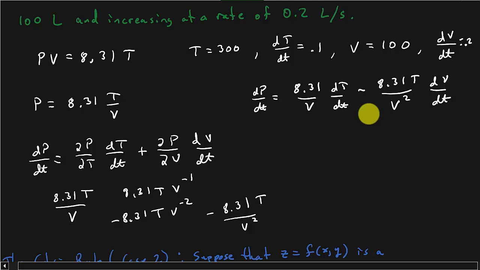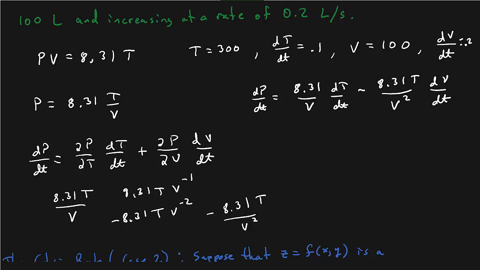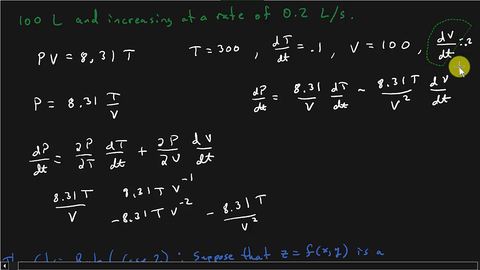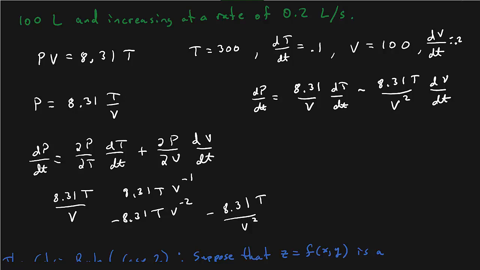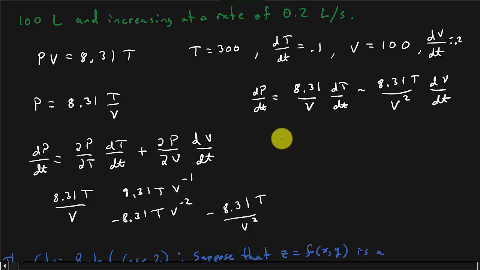All right. So now let's plug everything in. I'm going to move this over a little bit to make sure you can see it. So I've got 8.31 over 100 times 0.1.